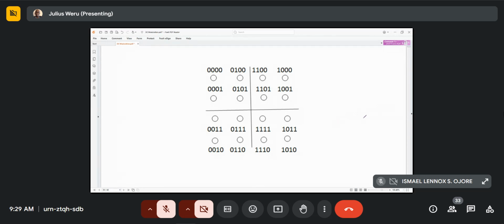Because at the end of the day, when it comes to error correction, which we are going to do next semester, the error correction works on the bits. It corrects the bits.